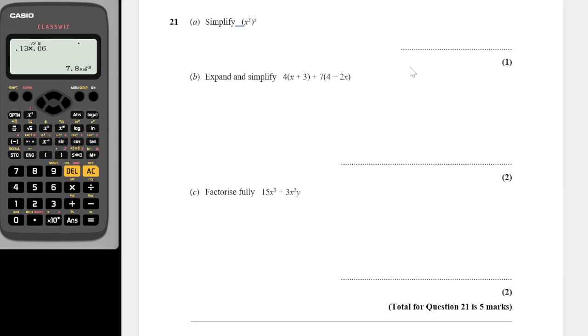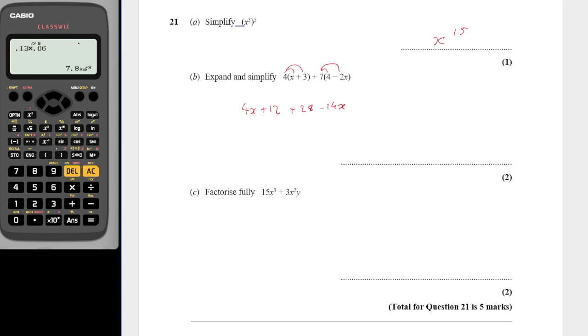Question 21, simplify. We multiply the powers here, so that's going to become x to the power 15. Let's just tidy that up, x to the power 15. Expand and simplify, so we're going to multiply the brackets first of all, so 4 times x is 4x, 4 times 3 is plus 12, 7 times 4 is 28, and then 7 times minus 2 is going to be minus 14x.